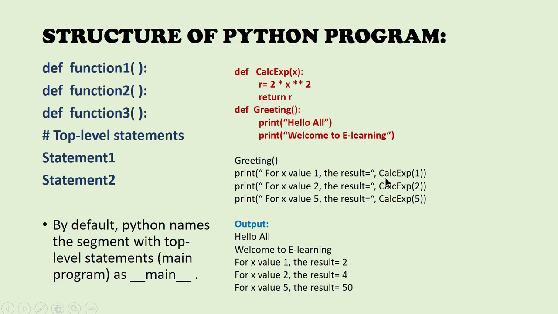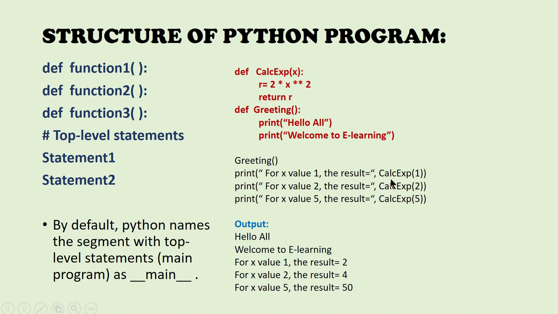What is this calc expression of 1? This is a function call statement to call the function calc expression with the value 1. So what is the output? 2. It returns the value, so you are able to use it within another statement.